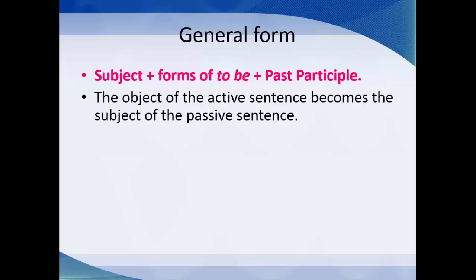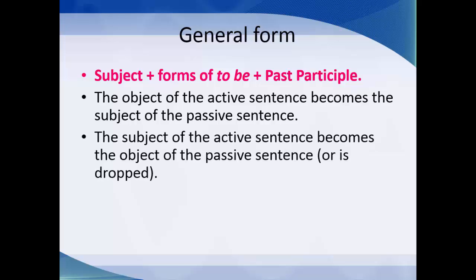The object of an active sentence becomes the subject of the passive sentence. The subject of the active sentence becomes the object of the passive sentence, or you can drop it. The verb must have an object.